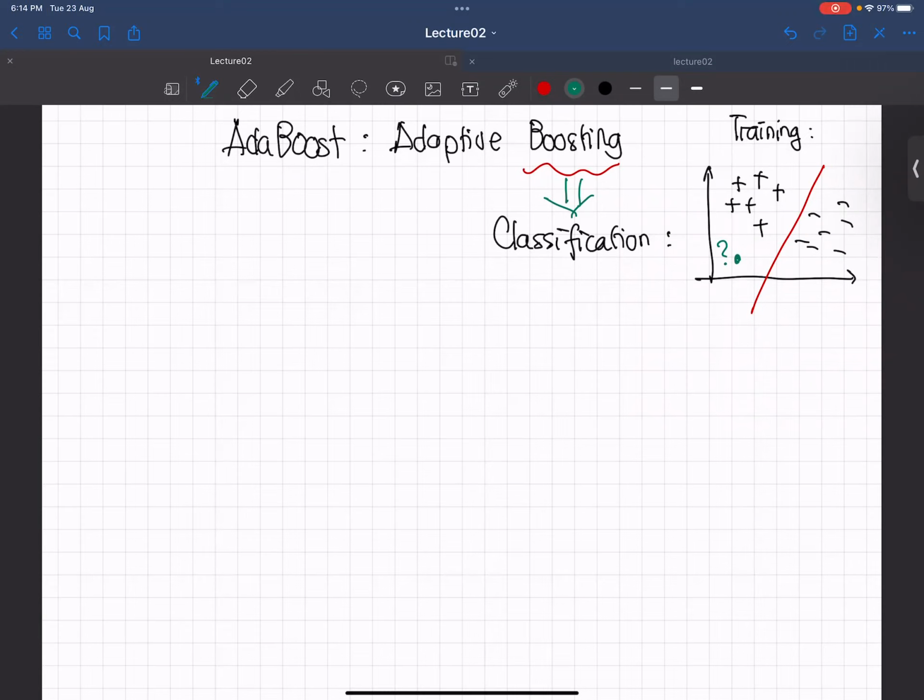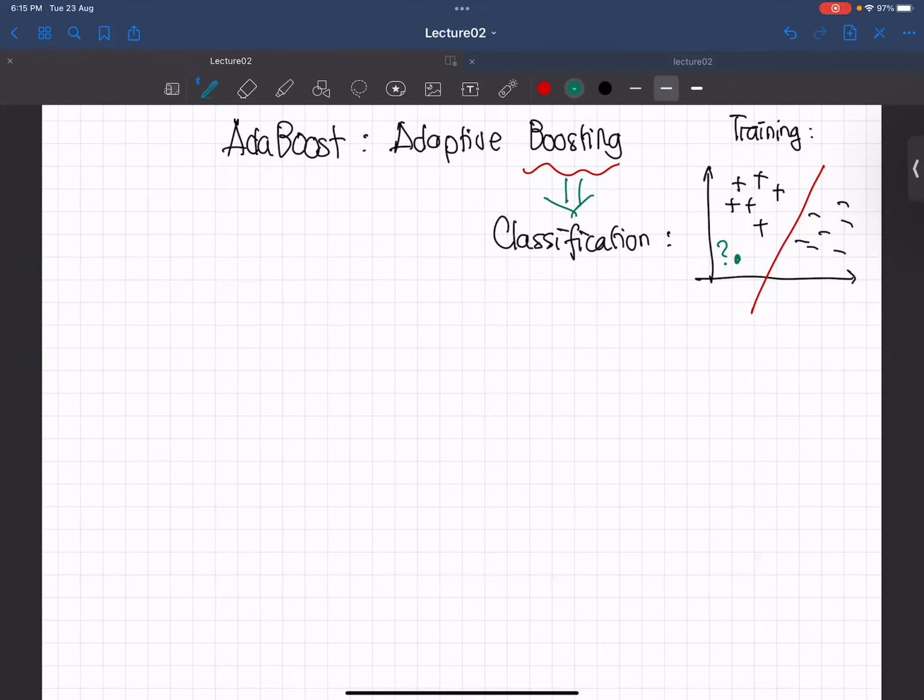If we know the red line, the classifier, then we know the label of that green point. Obviously, in this case the green point is positive because it is above the line. If it is below the line, it will be negative. That's the whole point of classification.